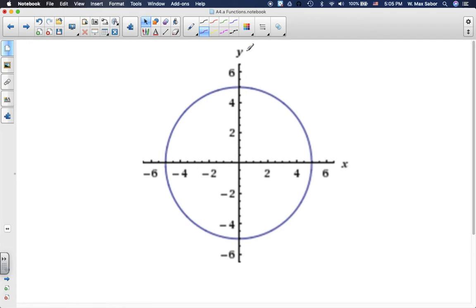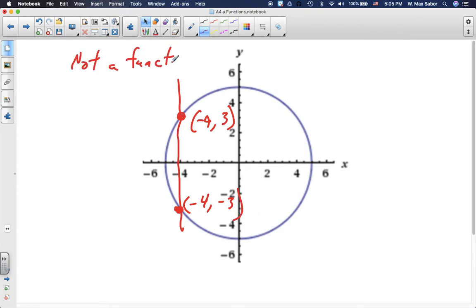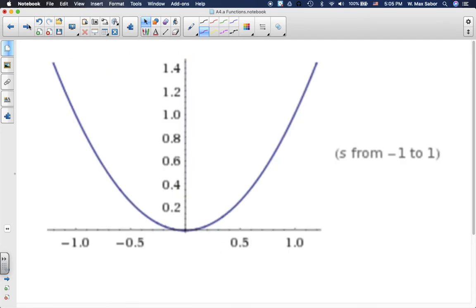This is not a function. The reason this is not a function is this input has 2 outputs. So -4 comma 3 and -4 comma -3 are both on this circle. So this is not a function. Here, this is a function because at any point there's only one output.